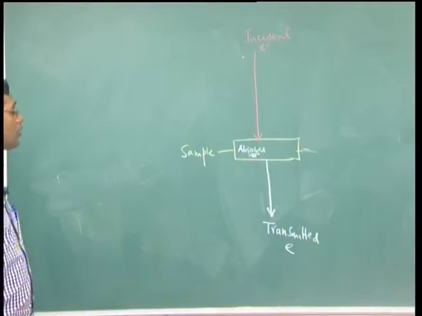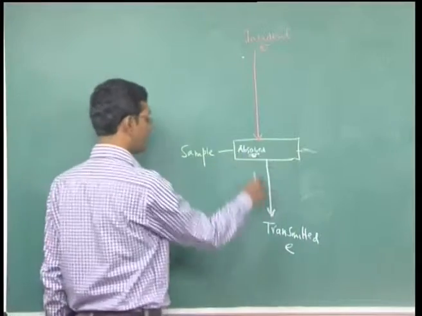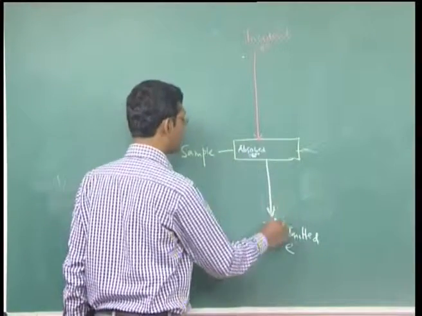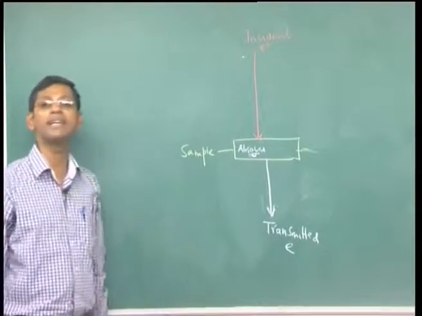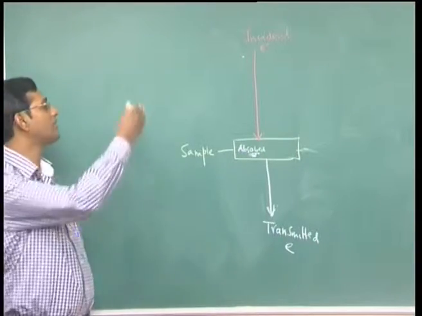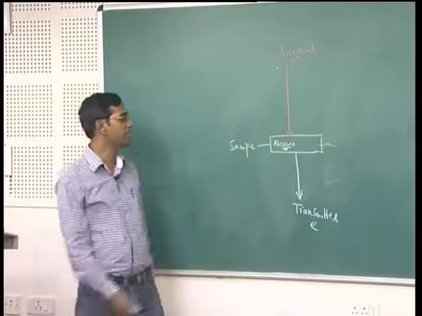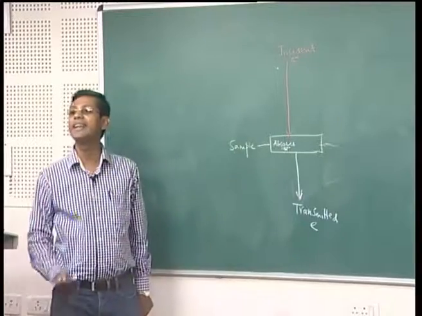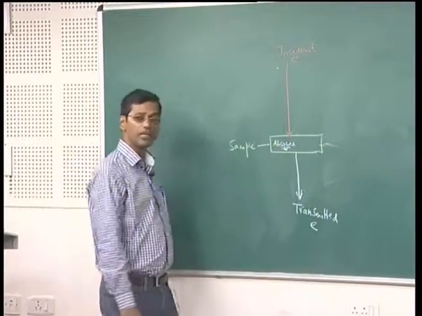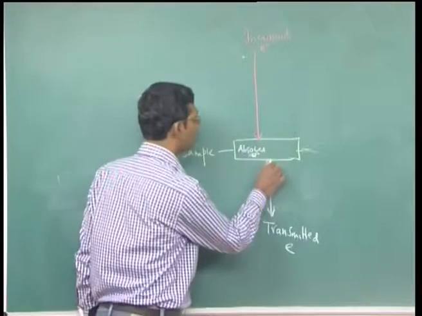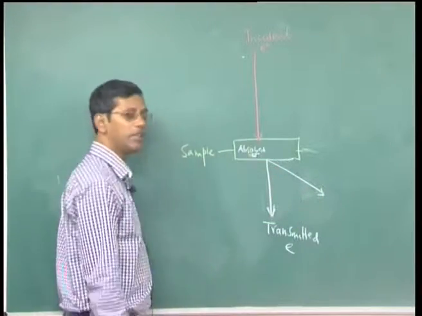Some of these transmitted electrons are passing through without undergoing any kind of deviation from their original path. That means these electrons are not undergoing any scattering, but some of the electrons which are passing through may undergo scattering or diffraction.